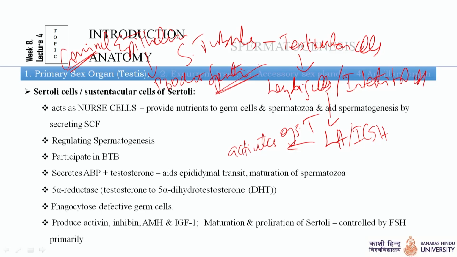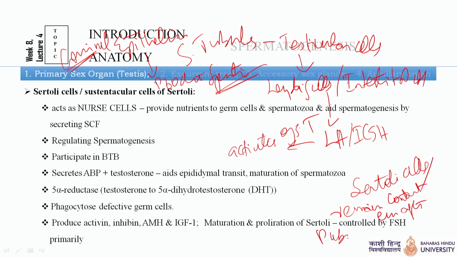Now the third important cell in the seminiferous tubule is the Sertoli cell. The Sertoli cells are also called sustentacular cells. Now the number of Sertoli cells, or sustentacular cells, remains constant even after puberty.